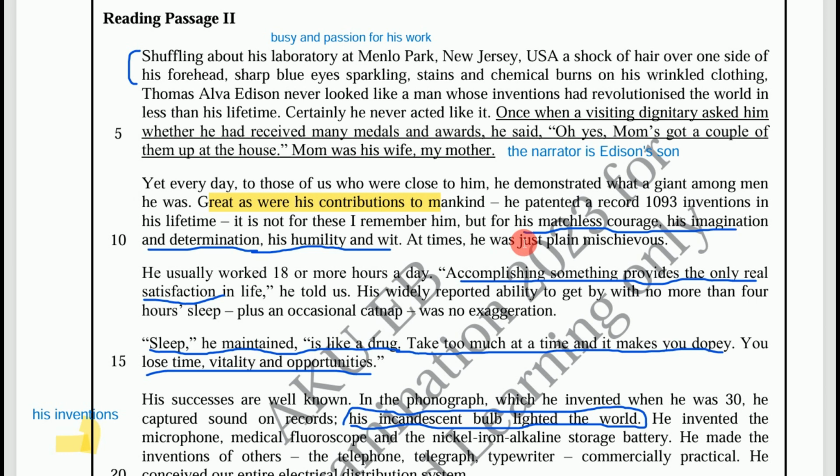And this line is important, right? Although he invented many things, what the narrator likes about him is that the narrator is impressed by his courage, imagination, determination, humility and wit.